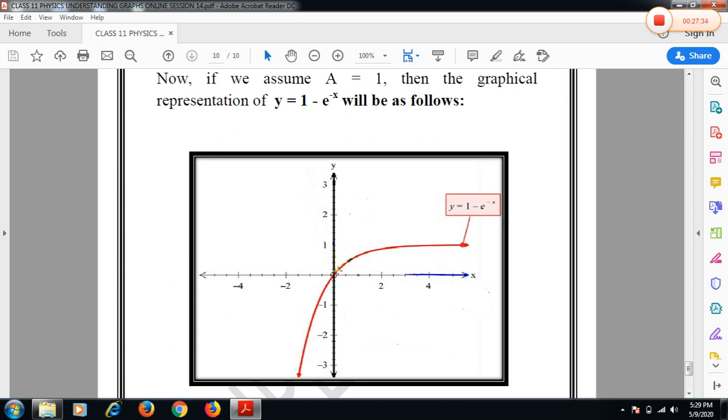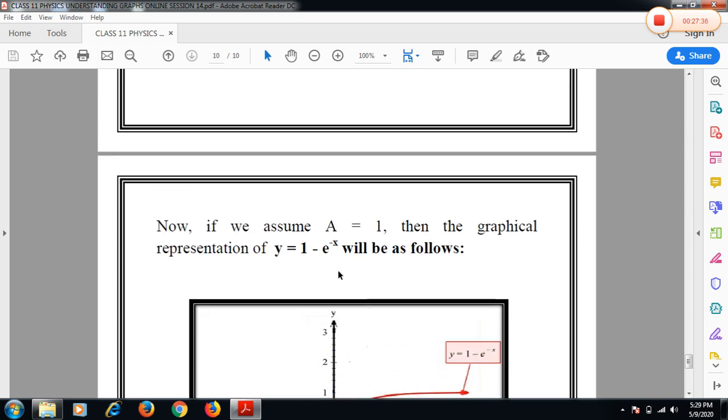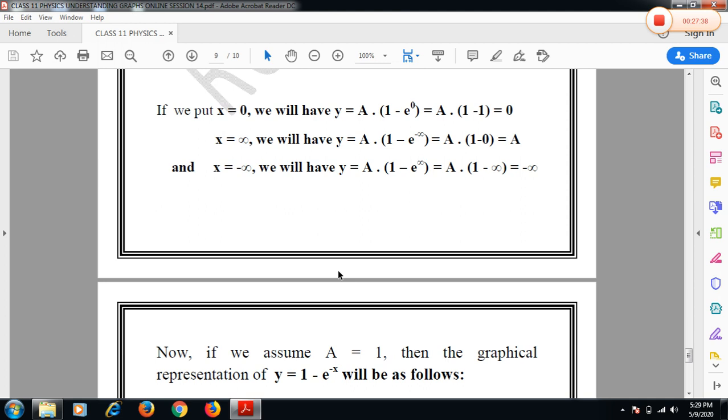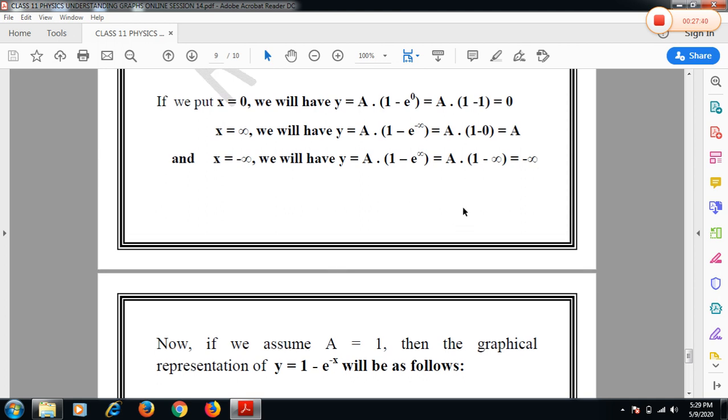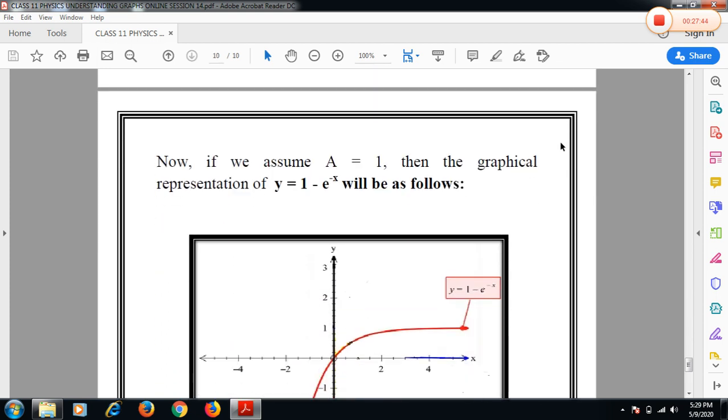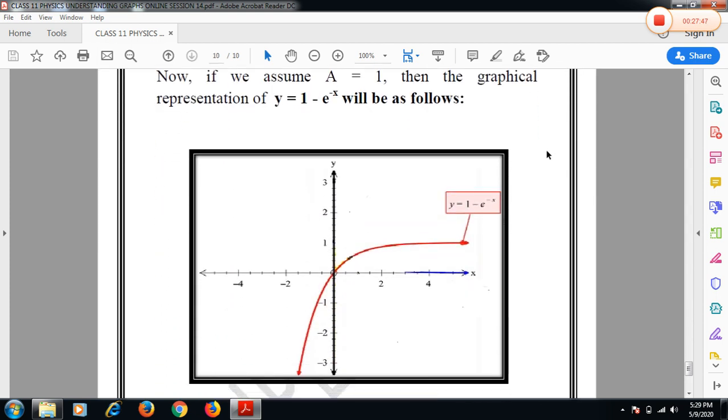As we move forward to the negative x-axis, the graph will tend to minus infinity.